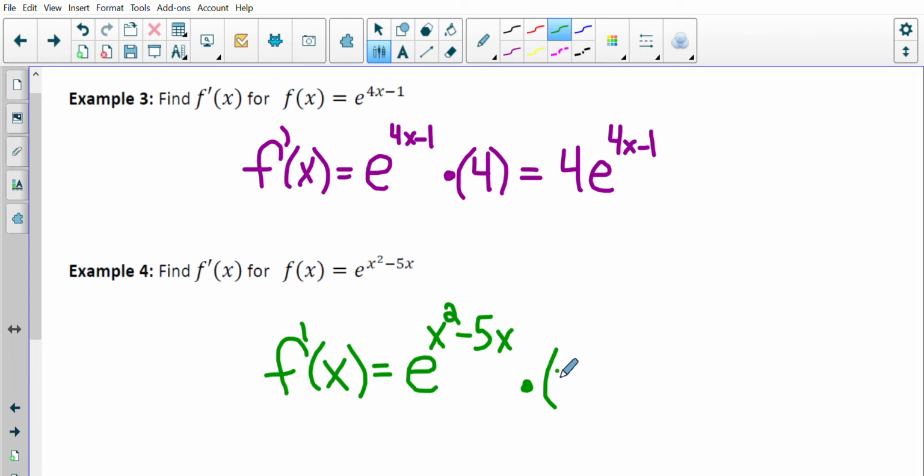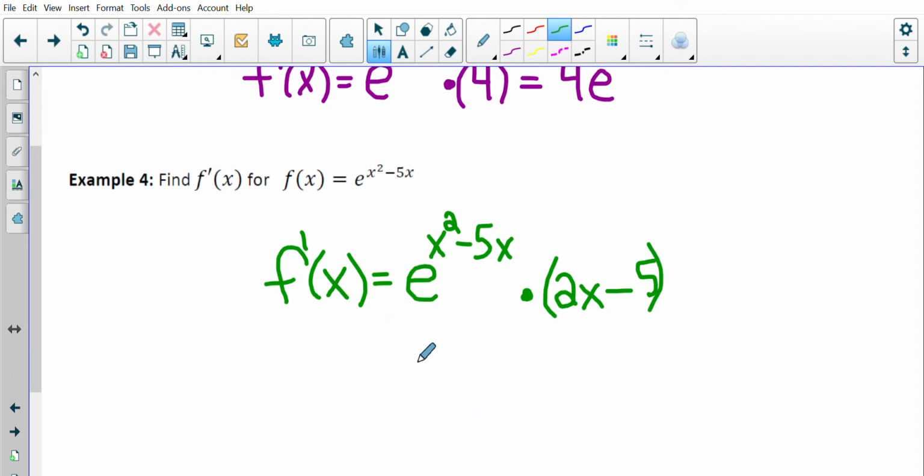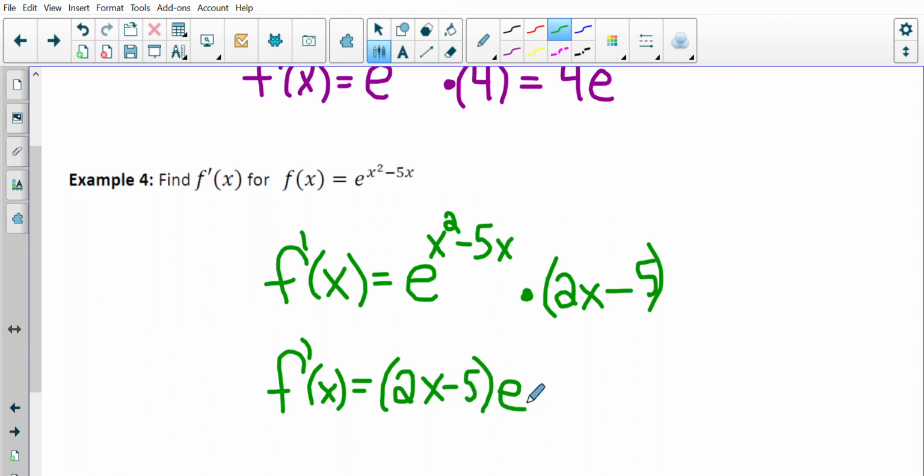And so we have a 2x. And then the derivative of negative 5x is minus 5. So I could leave that like that or write it as f prime of x is equal to, put the 2x minus 5 out front. It's probably nicer looking. Times e, again, to the power of x squared minus 5x.